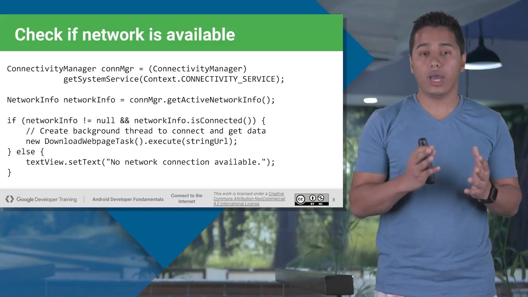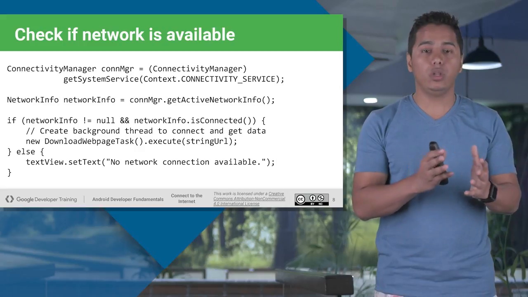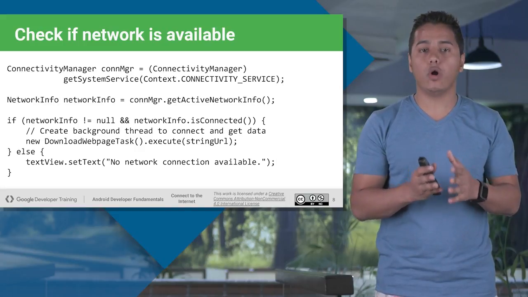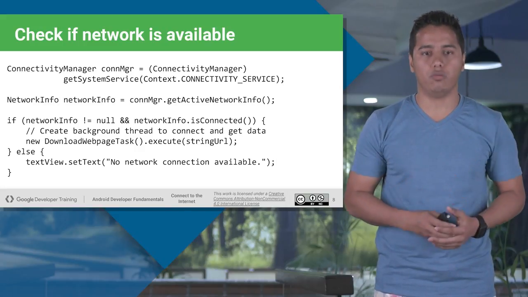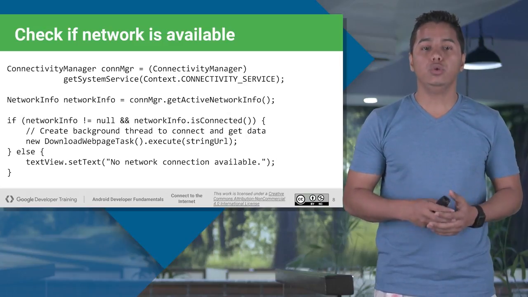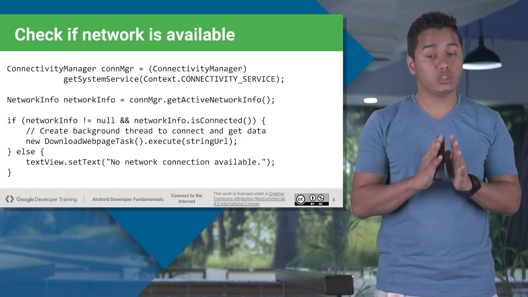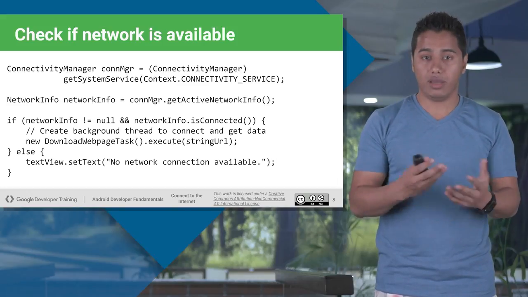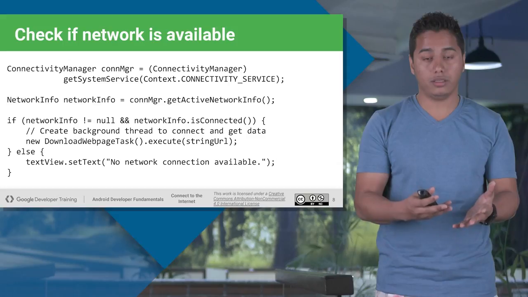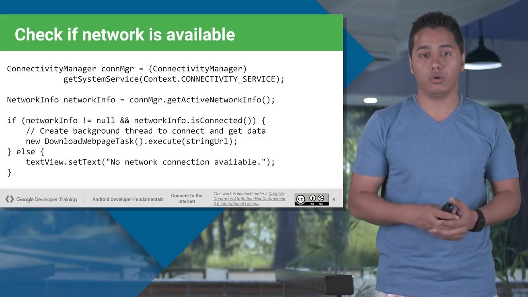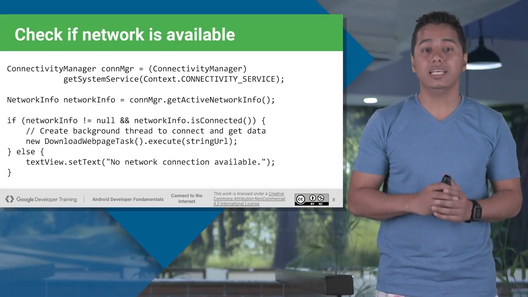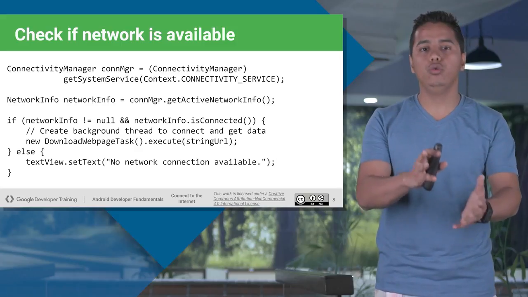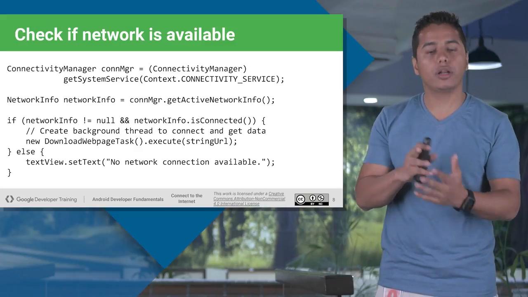So whichever mode of data is on, that object will be saved in your NetworkInfo object. After that, you need to check if your NetworkInfo object is not null and is actually connected. Let's say your Wi-Fi is actually on, you are getting your Wi-Fi mode, plus your Wi-Fi is actually connected, then only go ahead and do your long-running task.